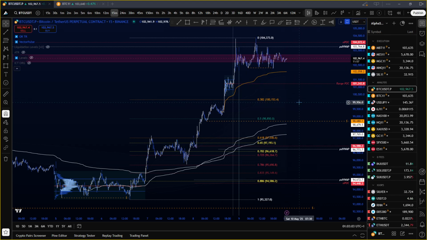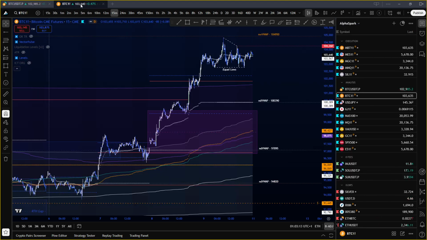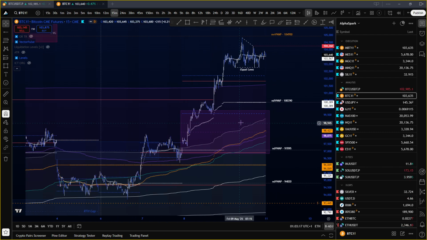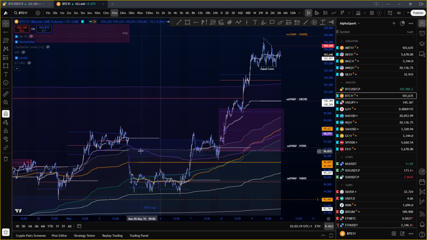But I would really not be surprised if we don't take that high, just take this internal high and start dropping because of what we see on. Speaking of which, where do we have the weekend gap? Oh, it's done. Okay, never mind. I was going to ask where do we have the weekend gap, but it's here. CME gap.